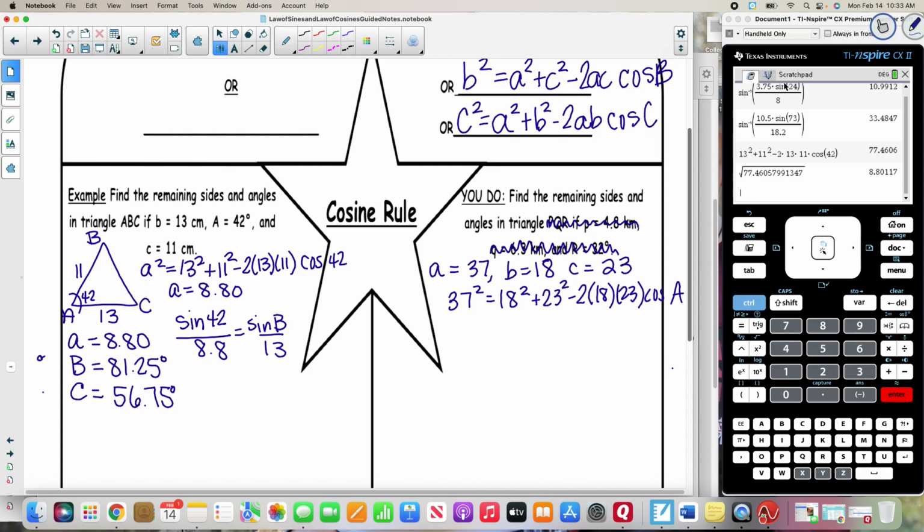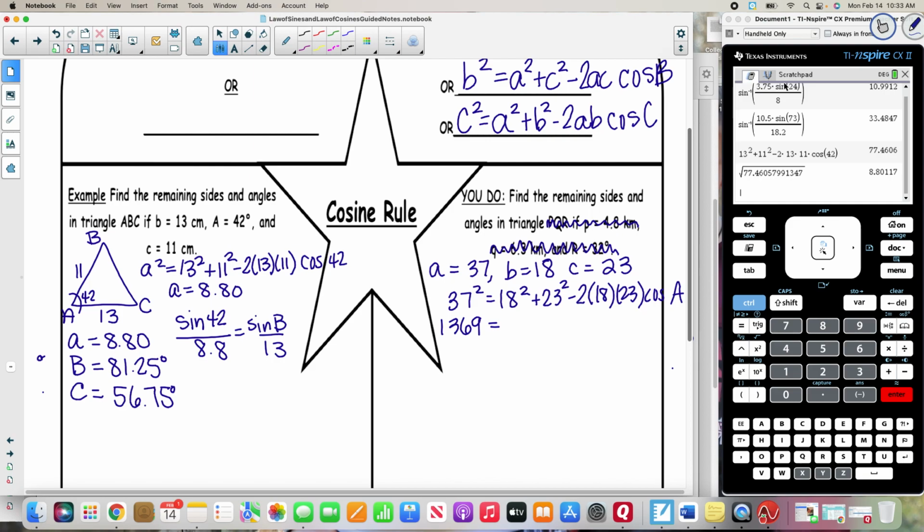Now the other one we did, we got to type it all in the calculator at one time. We don't get to do that here. So I'm going to ask individuals so I don't have to hear 75 answers. Emma Reeves, tell me what 37 squared is. 1,369.